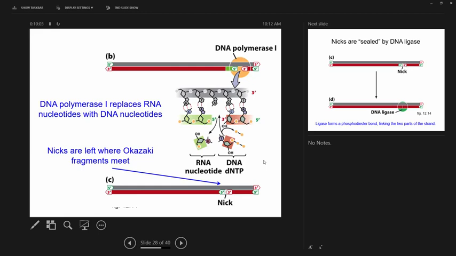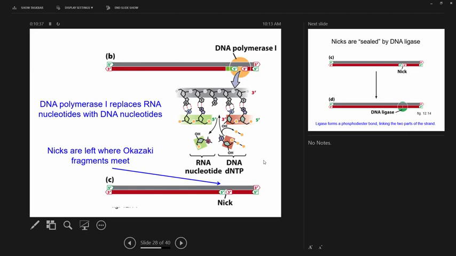The 5' to 3' exonuclease activity is removing these RNA bases shown in green by knocking them off one at a time, and away they go. The DNA polymerase function is coming behind that and adding new bases to the chain. So it's removing the primer and adding DNA bases to replace it. We're replacing the RNA bases in the primer with DNA bases, which is what we want to do.